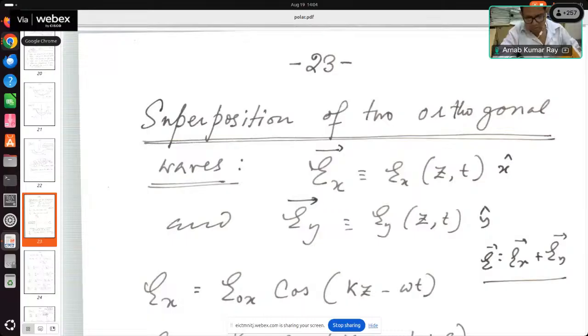Those who are interested in the answer to this question may please note the section in the chapter on double refraction: section 26.9, chapter 26, section 9. So, theory of double refraction.